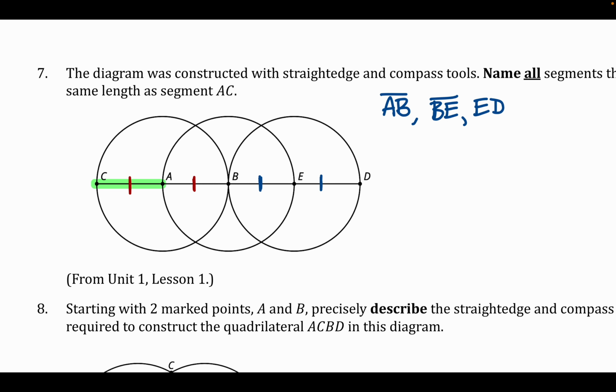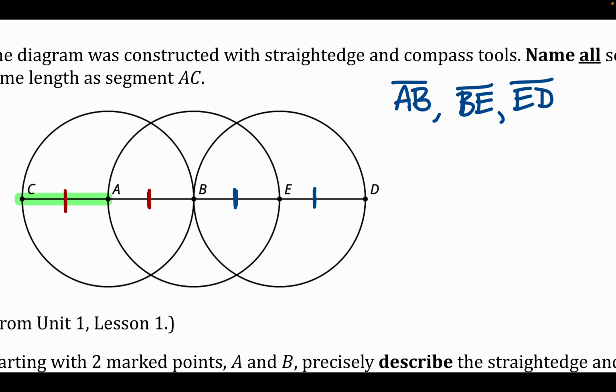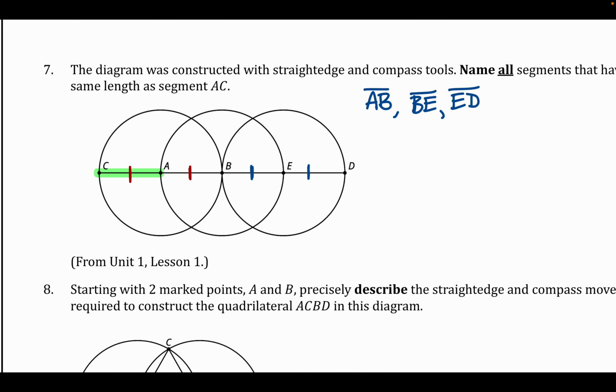Now, technically, you can name these segments from one point to the other because they are all endpoints. You could say EB or DE, and those would still be accurate. It would just be naming it in the reverse order, but it would still be correct.